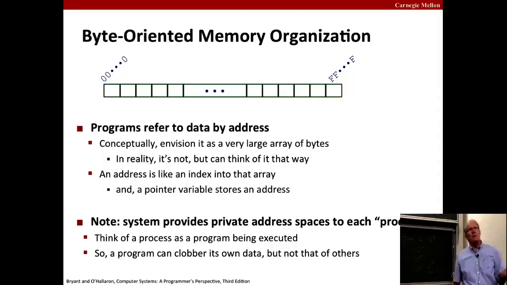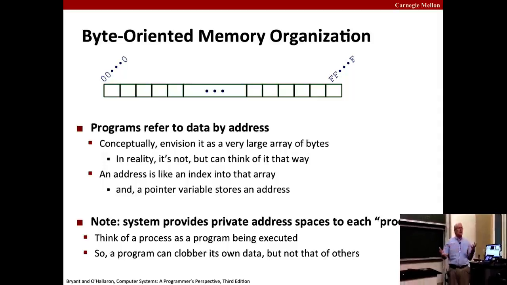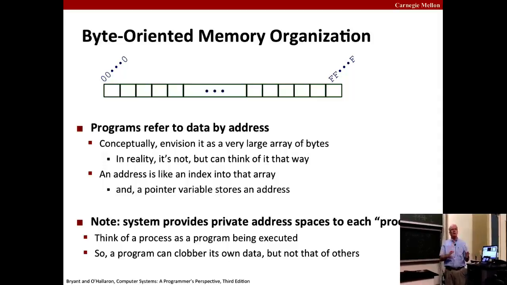Now, in reality, and we'll go into this when we talk about how the memory system works in virtual memory, there's this very complex combination of hardware and software that gives the program this image of a very large, what you call flat space, just a big array of bytes, when in reality it's shuffling between different regions of your memory and even between your memory and your disk drive to implement this idea that you have this big array of bytes.